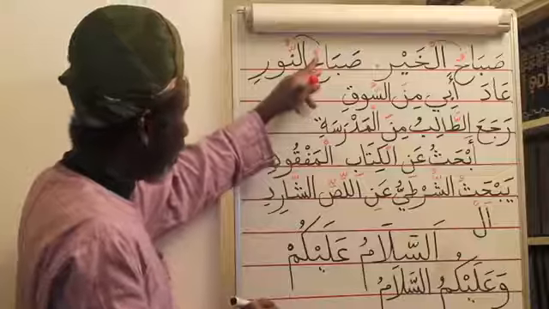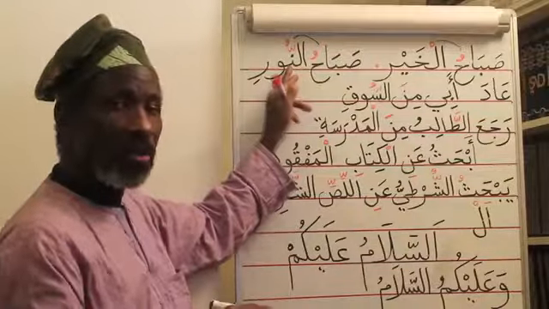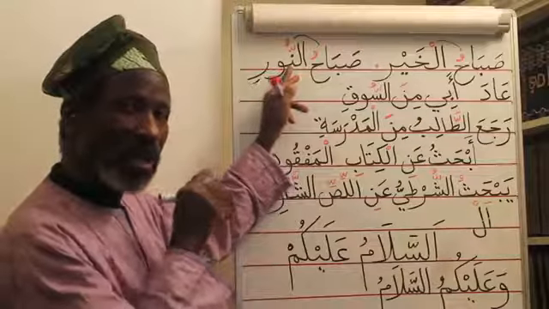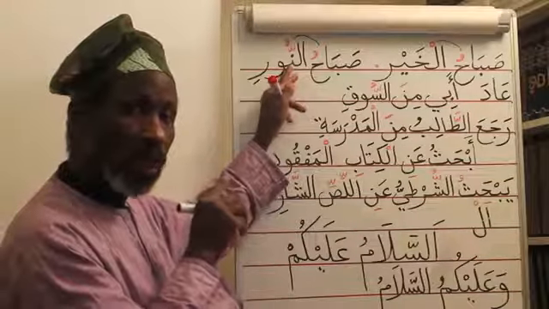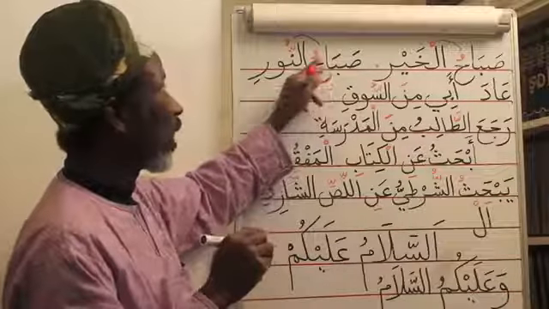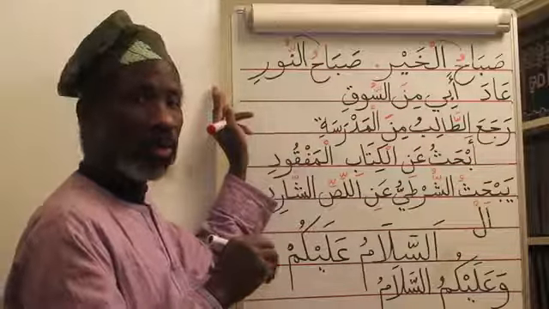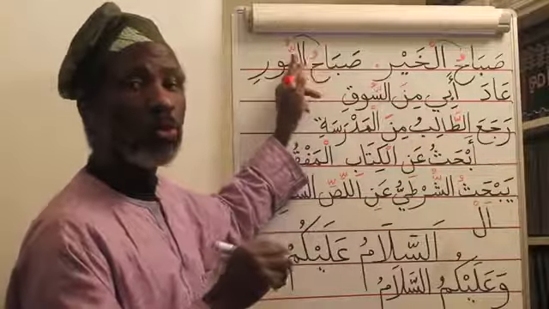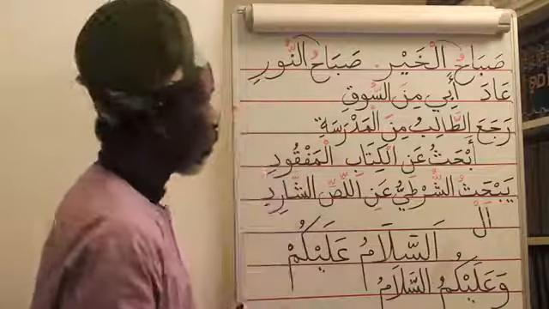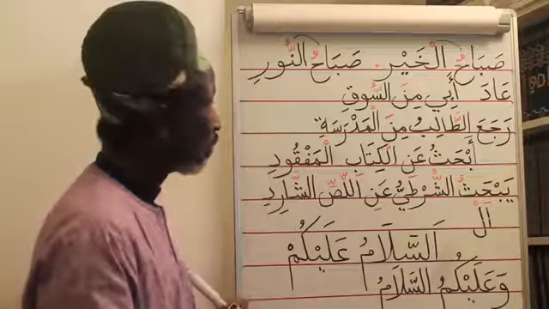So the first available vowel is linked to the first of the embedded noons. There are two noons there, and the first one is carrying sukun. So you are saying sabahun nur. Sabahul khair, sabahun nur.